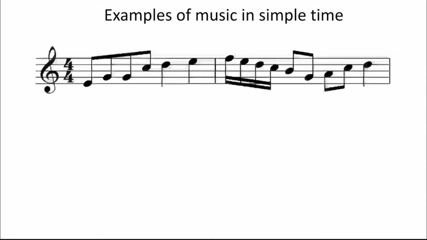So here's an example of a piece of music in simple time. Look at this music here. We can see that this music is grouping in 4s, here, here, 2s, 2s.